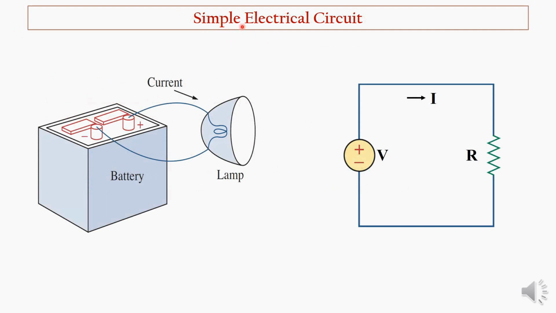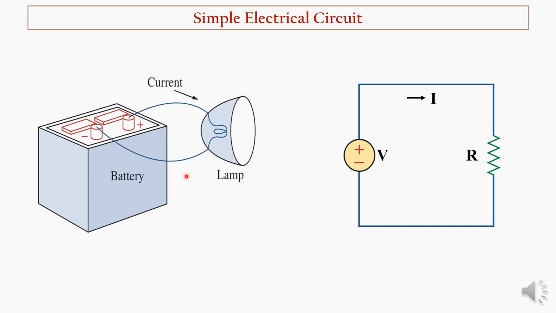Here is an example of a simple electrical circuit which is an interconnection of circuit elements. This is the physical interconnection of a battery with a lamp using wires. This battery has two terminals, plus and minus. Such types of elements are called two terminal elements. There are some circuit elements which have three terminals also, for example, a transistor.